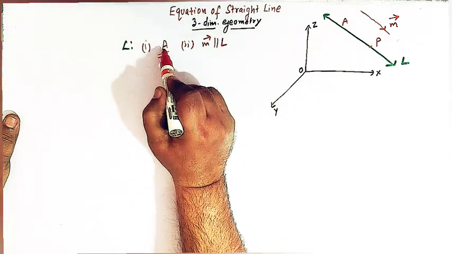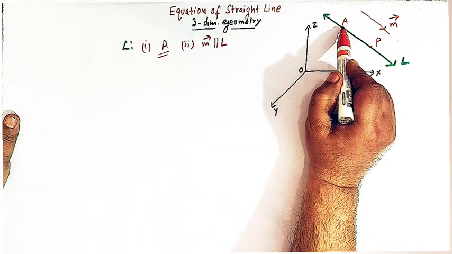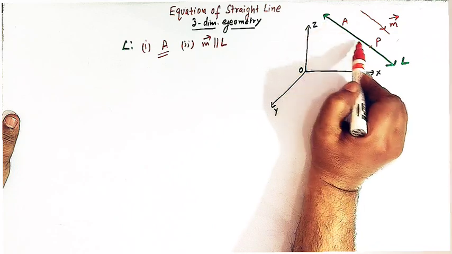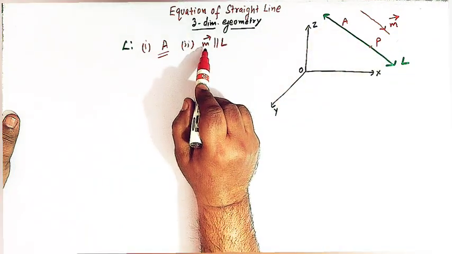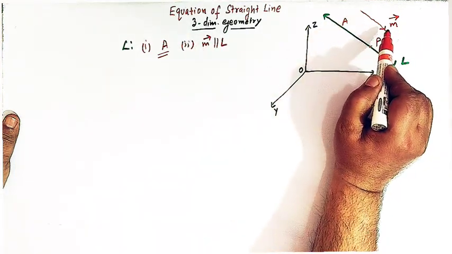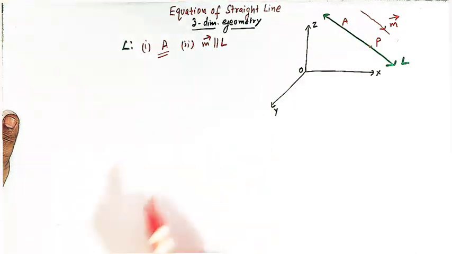So the first condition is that we know the position vector of a point A lying on the line L, and the second is that we know a vector which is parallel to the given line.